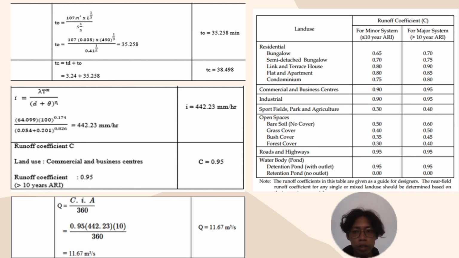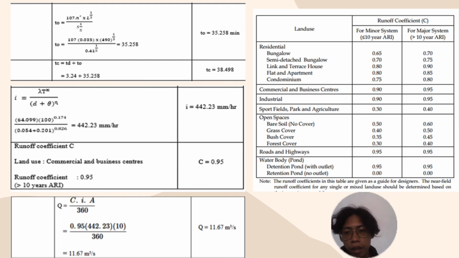And then we continue to calculate the TO. TO is overland sheet flow travel time in minutes. After we get the TO, we will find out this TC, which is the TD plus TO. And then we got the TC is 38.49. Then we continue to find the I. I is the average rainfall intensity in millimeter per hour.